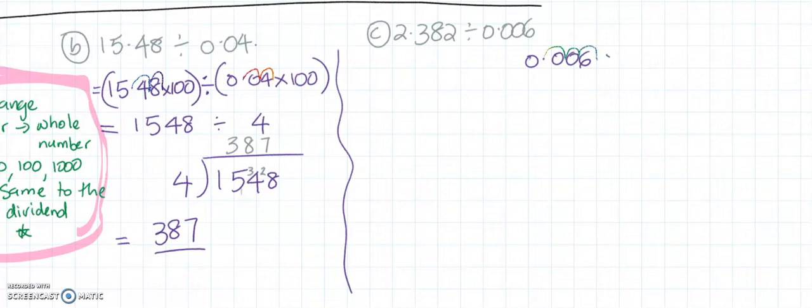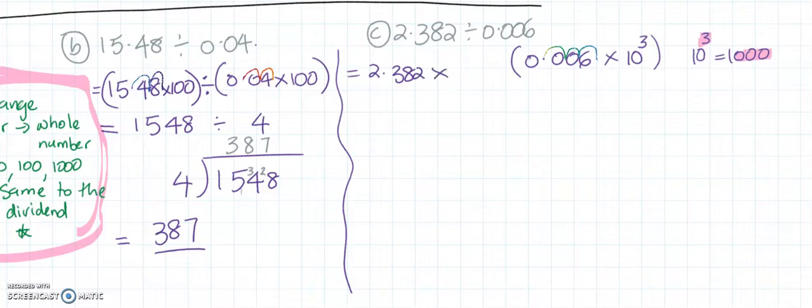And the number that allows me to do that is 10 to the power of 3. Remember, 10 to the power of 3 is just equal to 1,000, because 3 and 3 zeros match. So we need to do the same thing to 2.382 times 10 to the power of 3. And then we just bring it down.